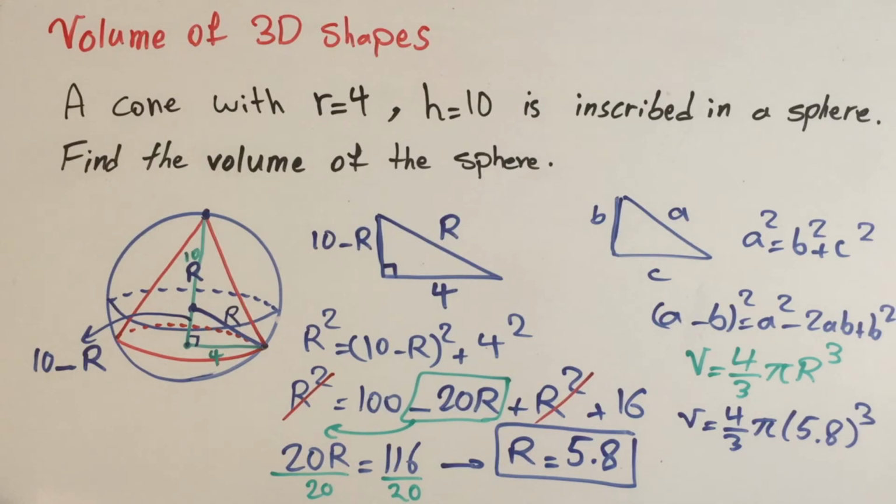If you use your calculator to evaluate this expression, at the end you will get 816.9, close to 9 if you do one decimal. The final answer is not exact because pi is an irrational number, but the final answer should be around this number that I wrote here.